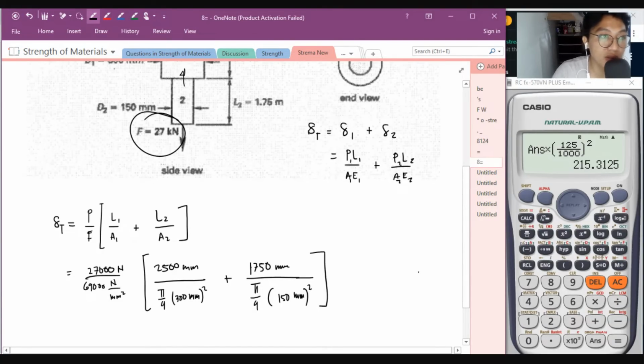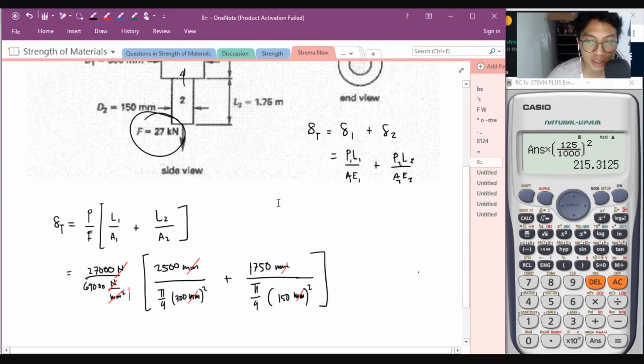So, we cancel all the same units. Yung Newton, yung millimeter dito, mababawasan ng millimeter dito. Ang matitira, 1 millimeter nandito. So, 1 millimeter.